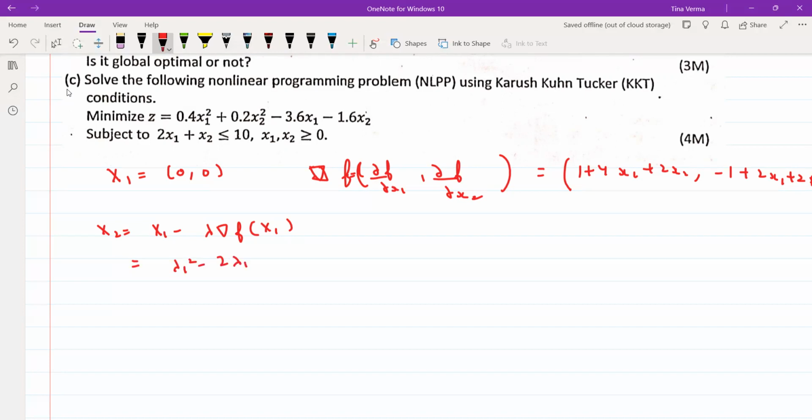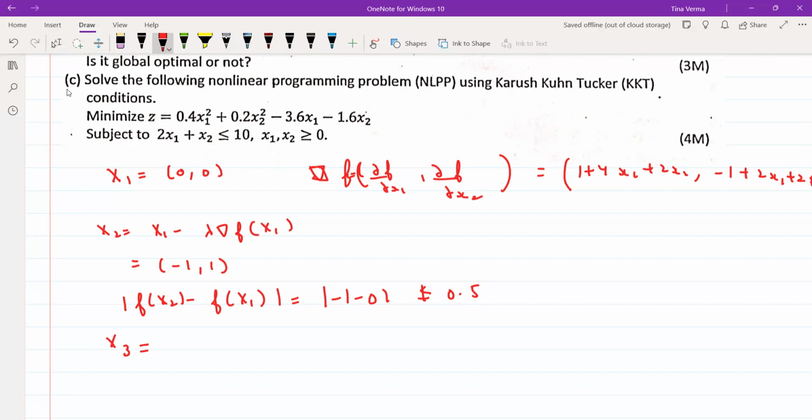When you substitute this point and solve, you have to do del f by del lambda equal to 0, and lambda was coming out to be 1. So your x2 point you got here as minus 1 and 1. When you proceed and check f of x2 minus f of x1, in this case this was minus 1 minus 0, which was not less than 0.5. So that means you have to perform the second iteration.